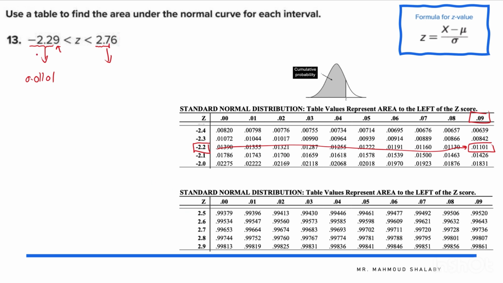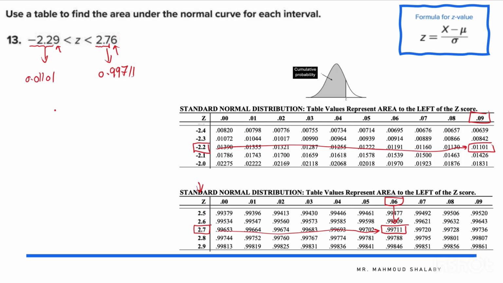Now I will go to the second value here, 2.7. As you can see, we have a 1 in the negative table and we have 1 in the positive table. So I will go now here and I will find 2.7, which is here, and the second decimal place is 6, which means here. So I will go from this side and I will go from this side. This will be the intersection value, so this one will be 0.99711.